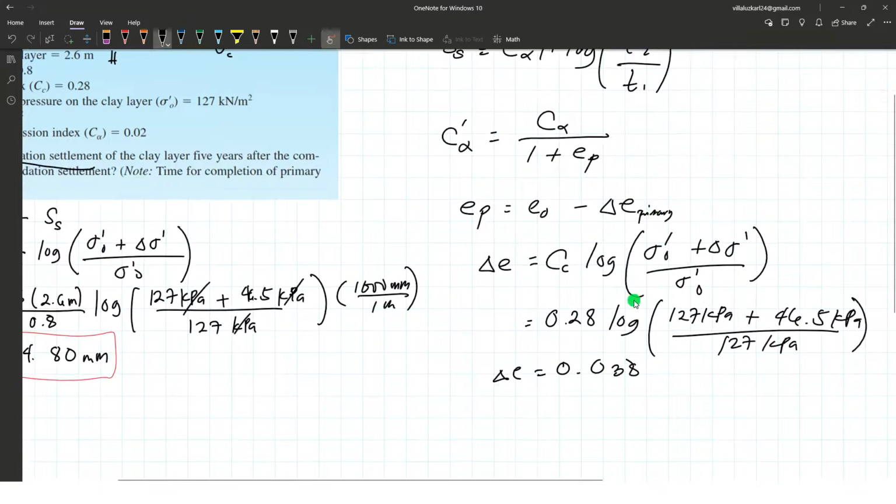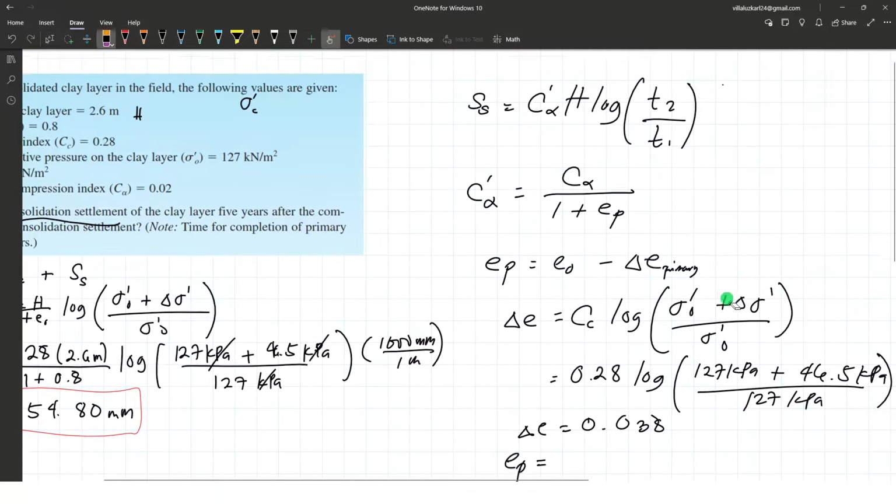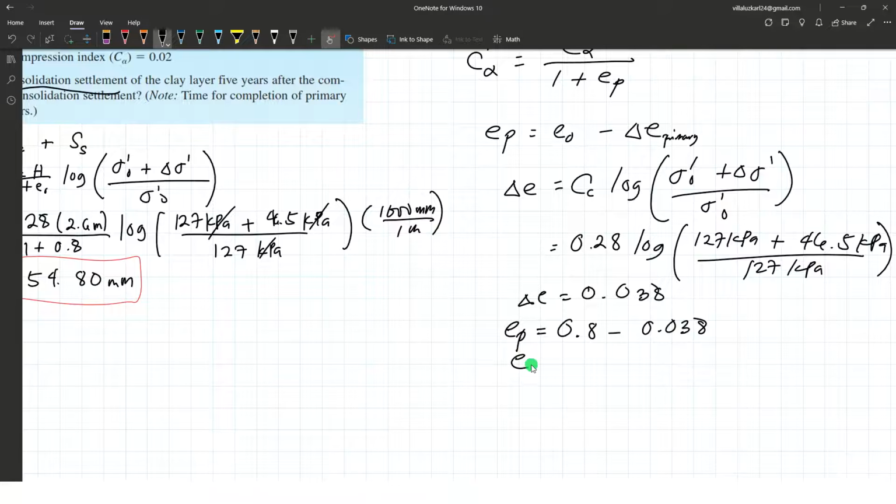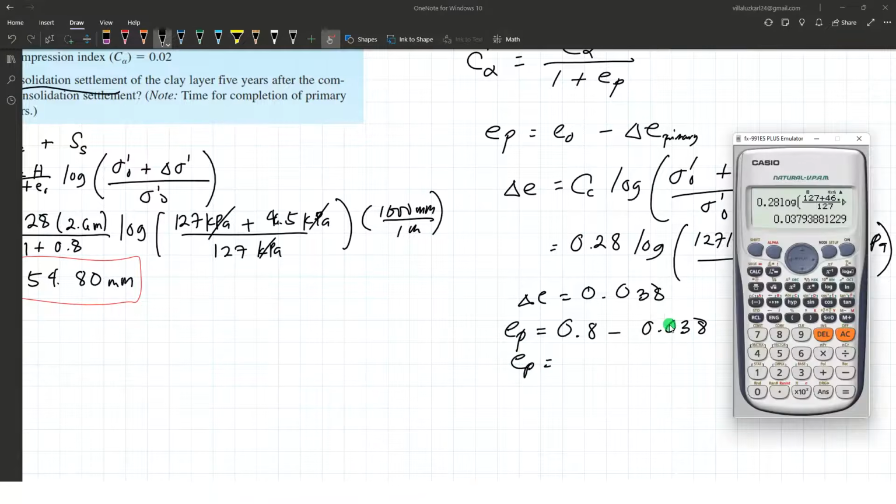That's your delta E. So we can now compute EP. EP is E0. Our E0 is right here, given. That's 0.8 minus delta E primary, 0.038. So EP is equal to 0.8 minus 0.038, which is 0.762.